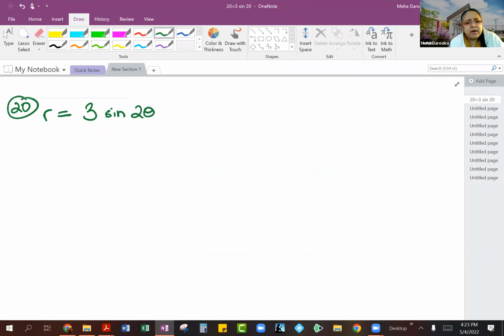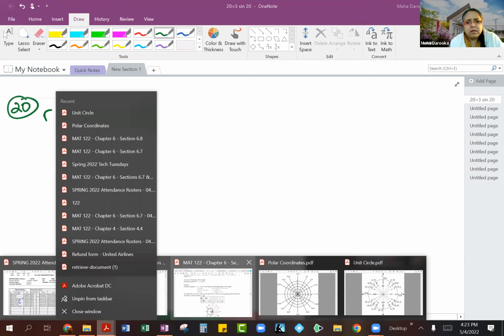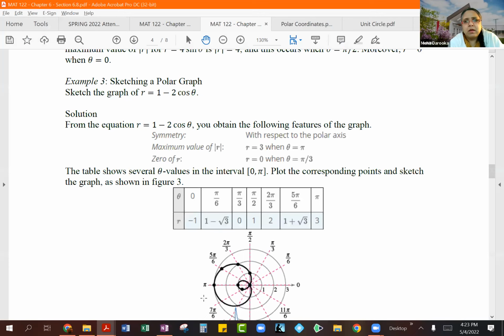So looking at our notes, the idea is we can create a table going from 0 to pi, and use it based on that.